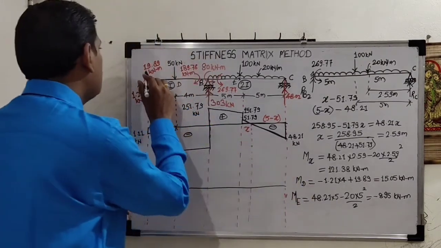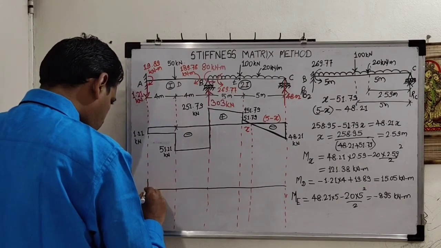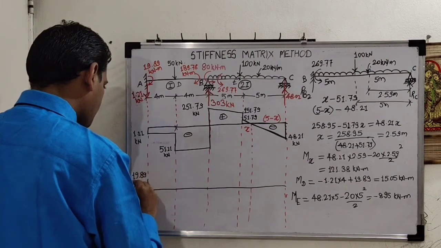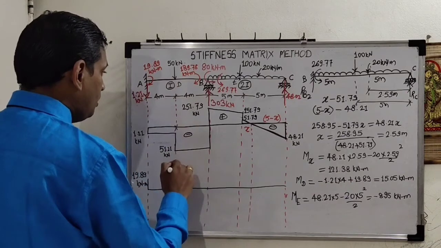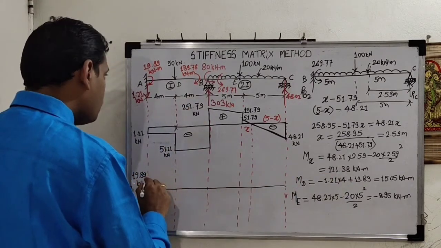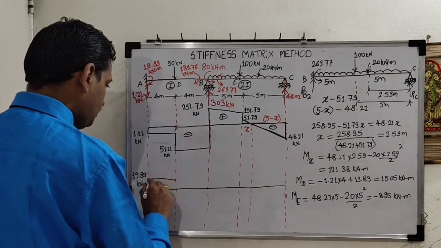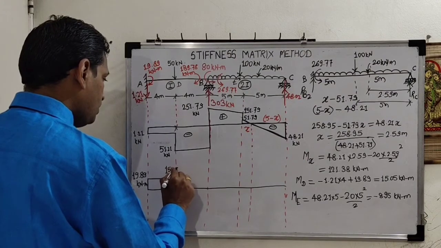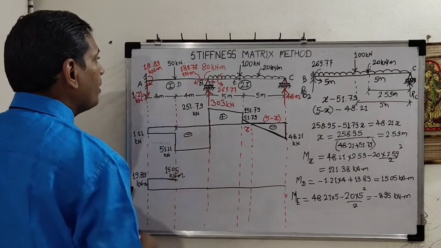Now let us plot all bending moment values. So here is 19.89, it is plus, so we will plot it above the reference line. Then here bending moment at D is 15.05 kilonewton meter.